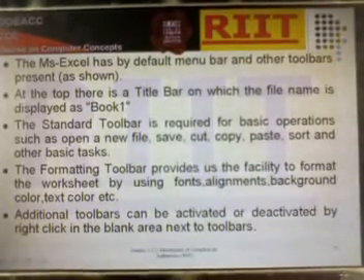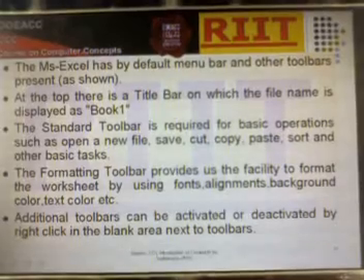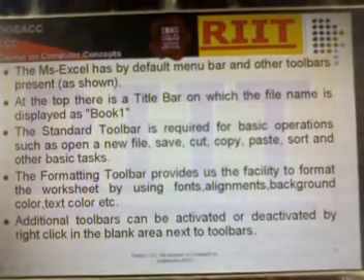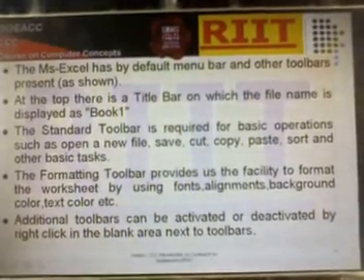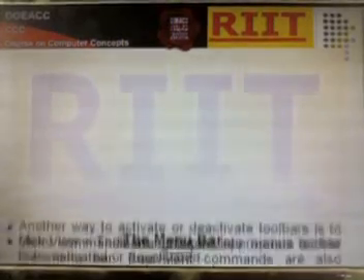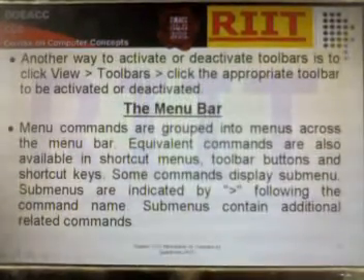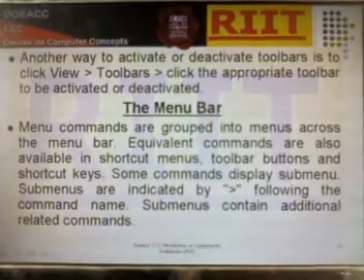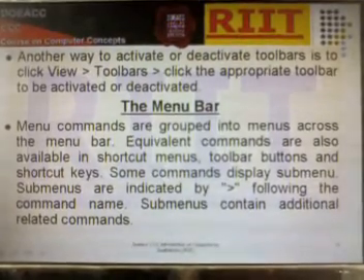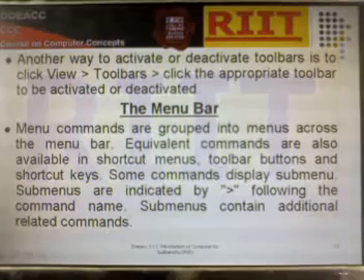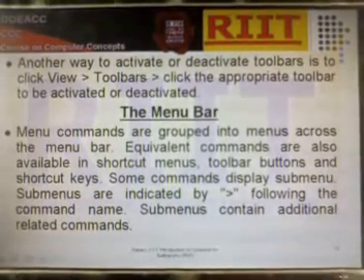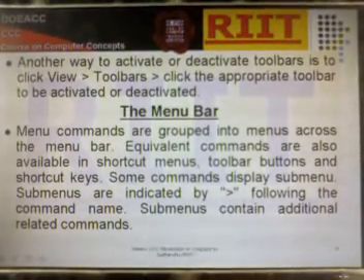Additional toolbar can be activated or deactivated by right-click in the blank area next to the toolbars. Another way to activate or deactivate toolbar is to click View, Toolbars, click the appropriate toolbar to be activated or deactivated.